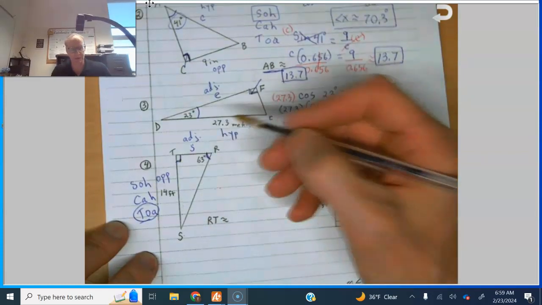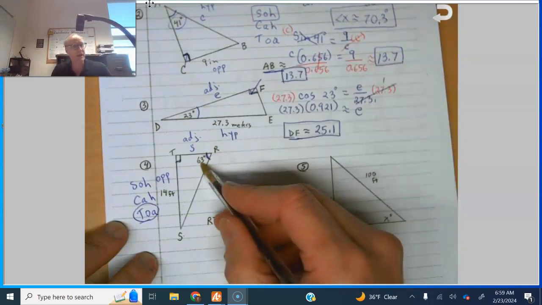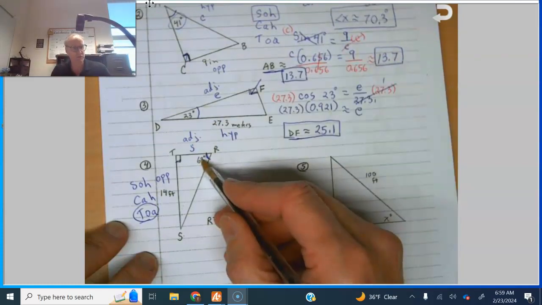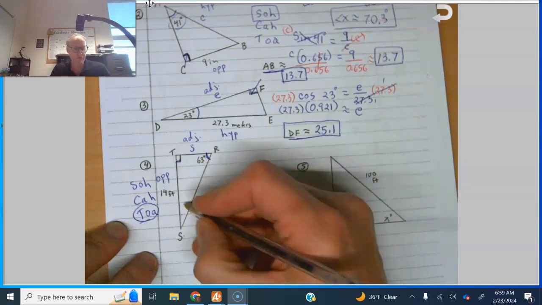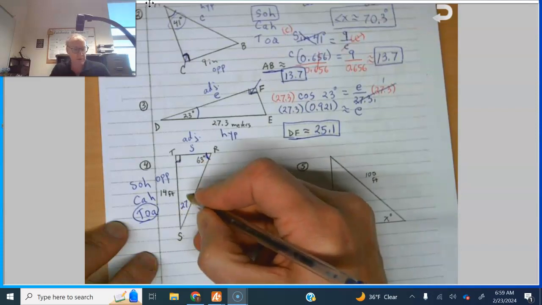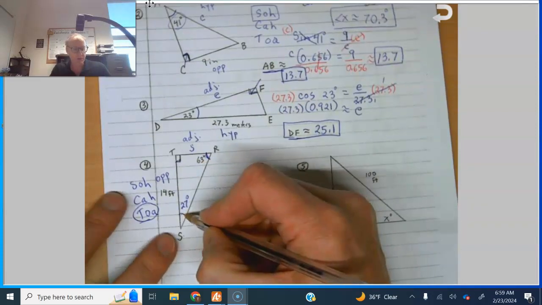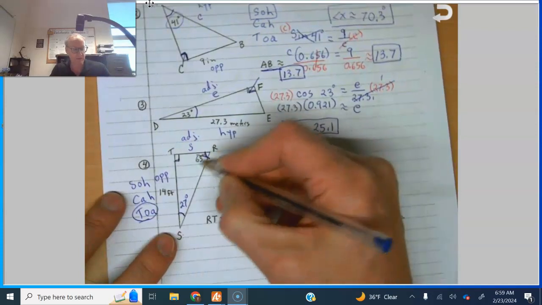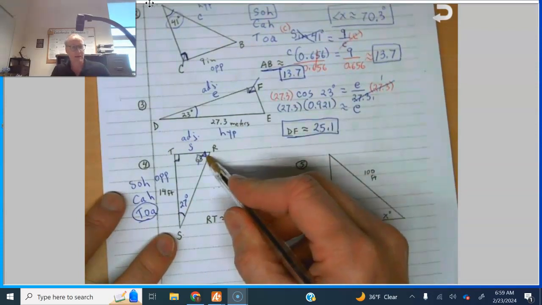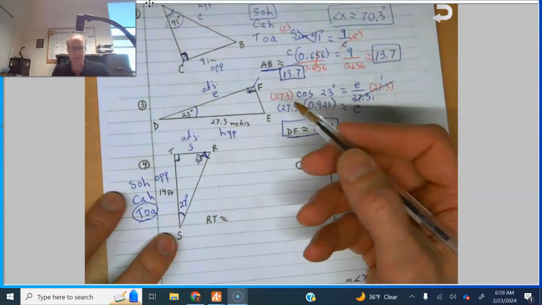Complements mean they add up to 90 degrees. Now, hopefully in your head, you can subtract 90 minus 63 and get the 27 degrees. Now, I want you to think about why I might want to choose this one for my reference angle instead of this one. And if you really think about it, you'll figure it out.